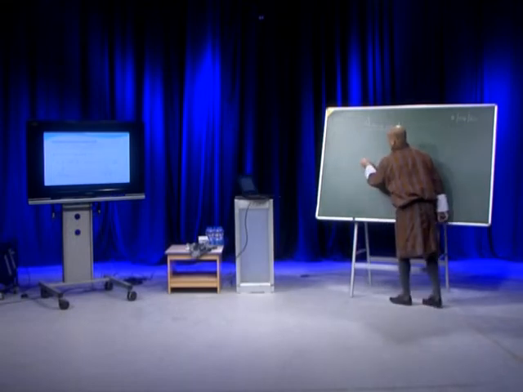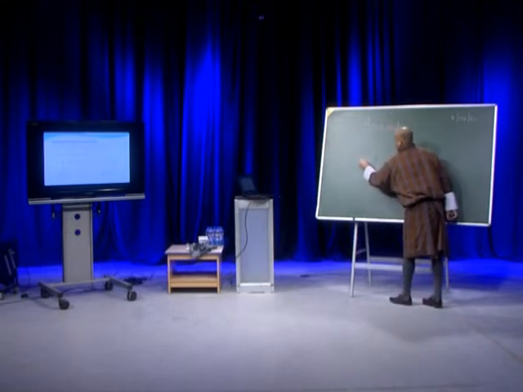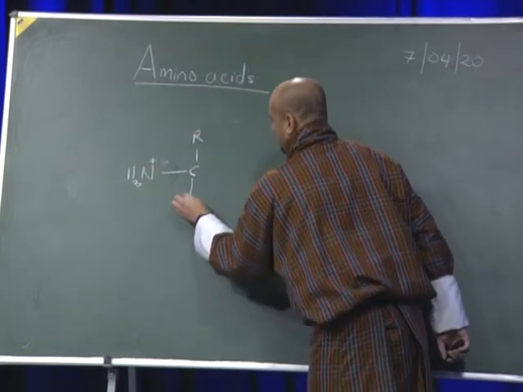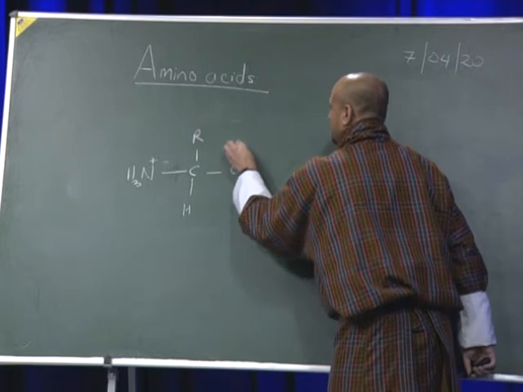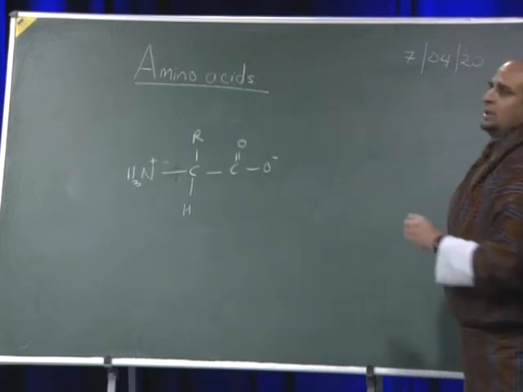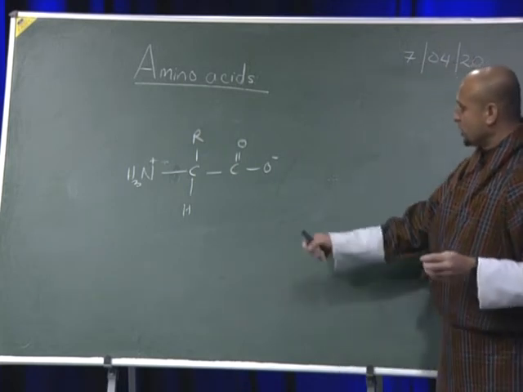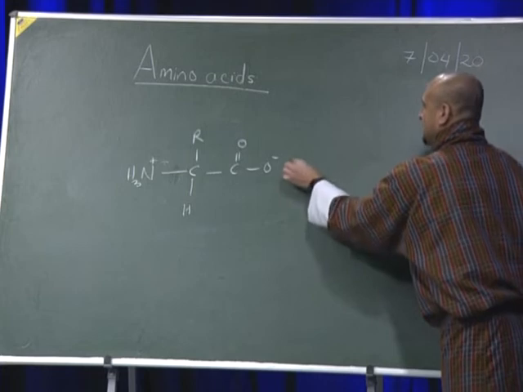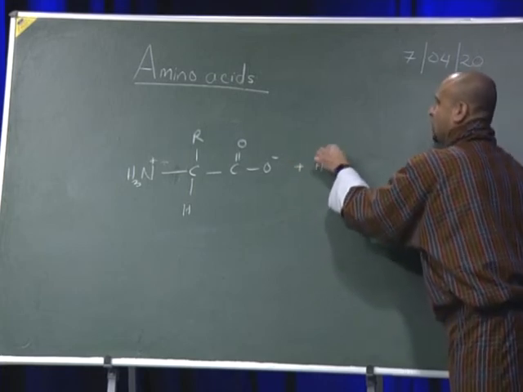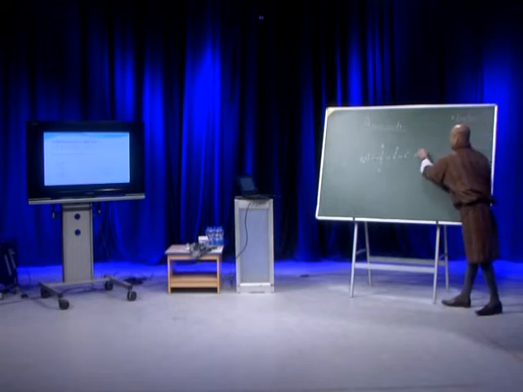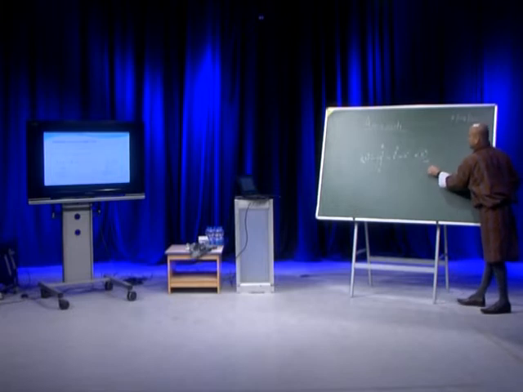We already have NH3 plus. So this is the alpha carbon. We have the alkyl group, hydrogen, and then we have C double bond O, O minus. We know this is the structure of the zwitterion. Now we are putting it in acidic solution. In acidic solution, acid will donate a proton. This proton will go and combine here, resulting in the formation of a new structure, NH3 plus, which remains positive.